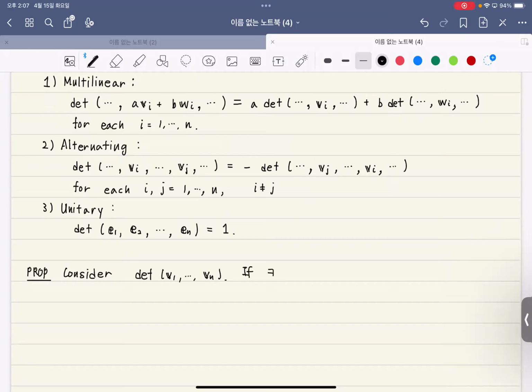If there are two different indices i, j from 1 to n, and they are different, so i is different from j, and vi equals vj, so that means if your matrix, in other words, conclusion first, then the determinant of this matrix must be 0.